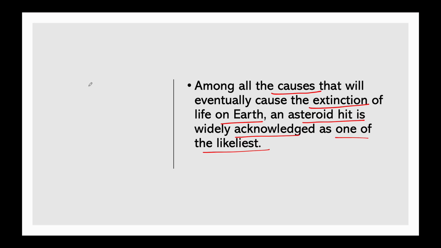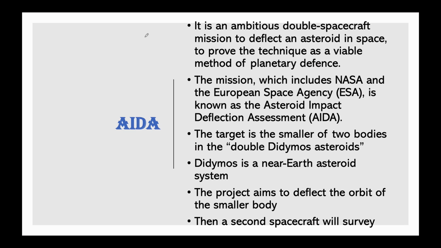Now, scientists have embarked on a plan to test their expertise with the second of these two methods. The first method is that we should blow up the asteroid before it reaches the Earth. Scientists don't want to try this blowing up method, but the second one, that is deflecting. We want to deflect the asteroid with a spacecraft. So this is what this whole mission is about, that is asteroid impact deflection assessment.